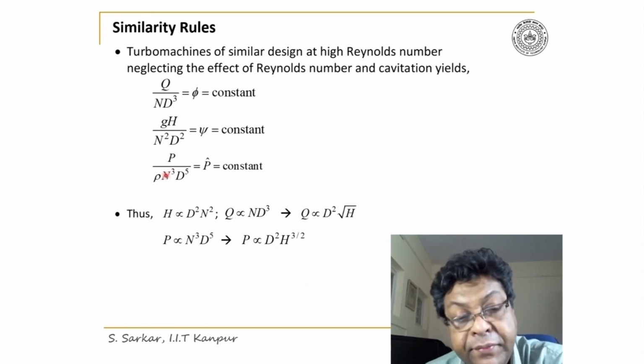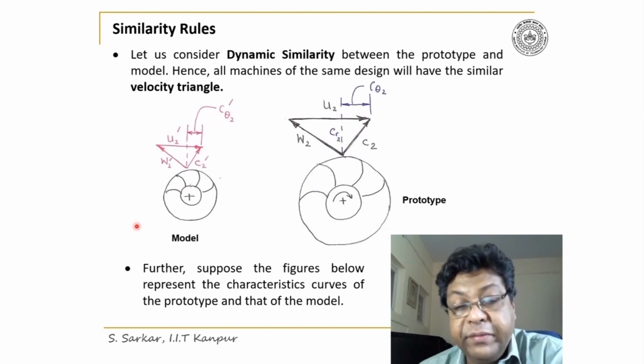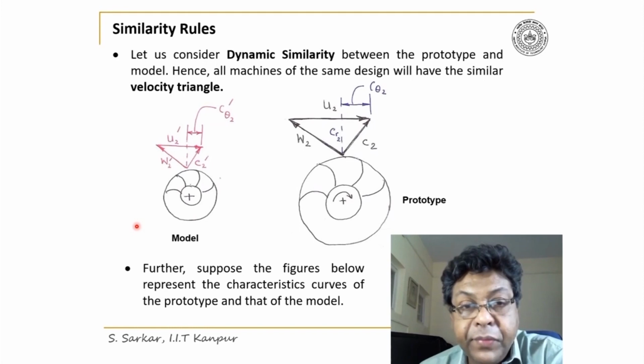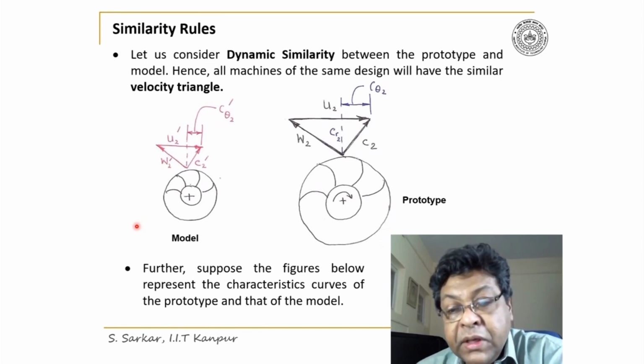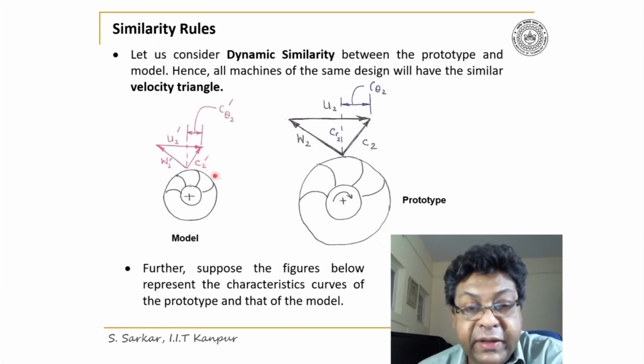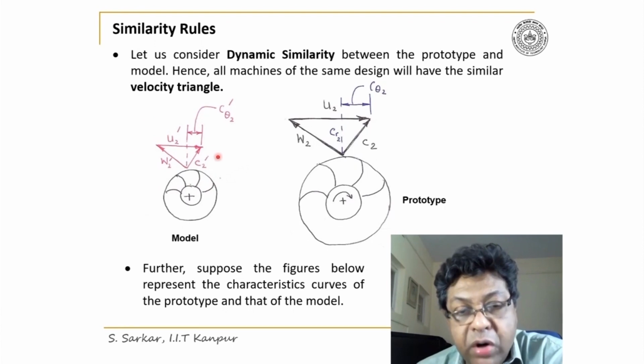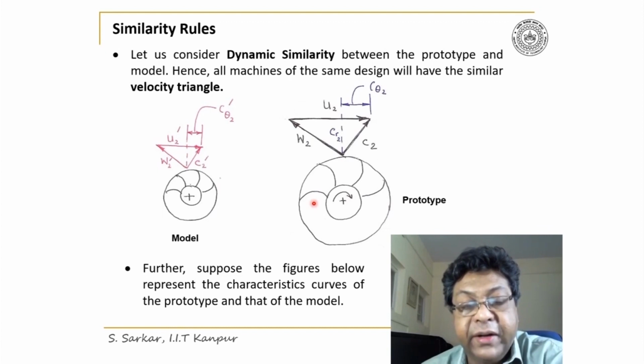that can be remembered. To discuss further, I have considered a model and a prototype which are dynamically similar machines, and the machine of same design. Thus, definitely they will have the similar velocity triangle. So the exit velocity triangle of the model and that of the prototype are similar triangles.